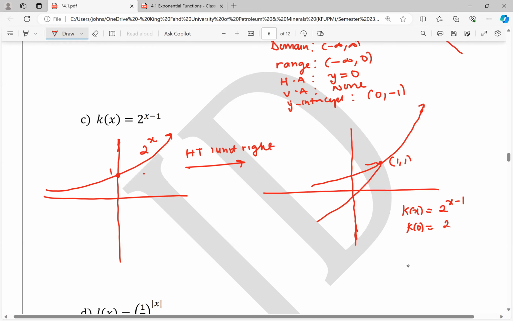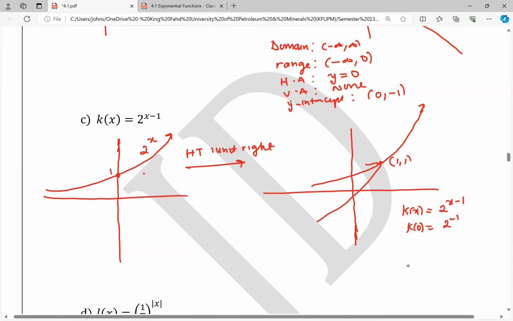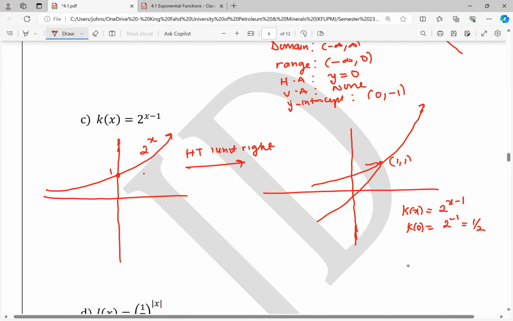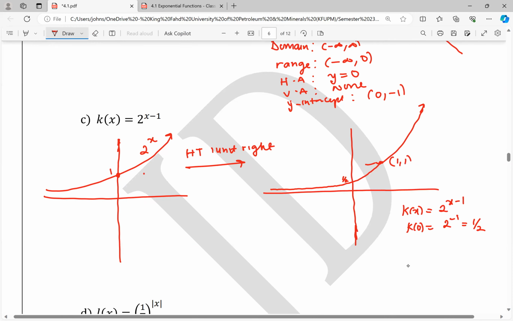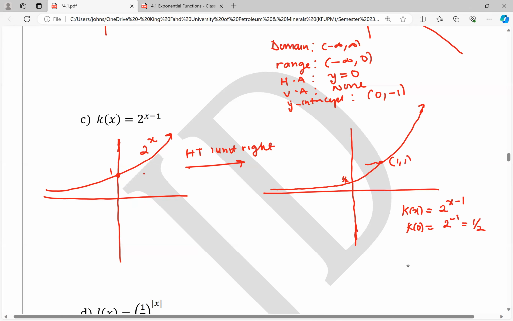So you see this is 2 to the power minus 1, which is going to be 1/2. So it's a positive number, but smaller than 1. In that case, you have to draw it a little bit down here. So this point is one half, and very close.